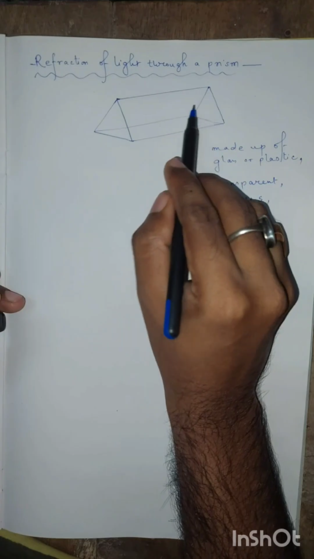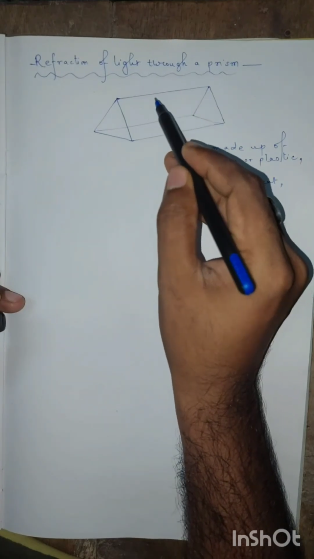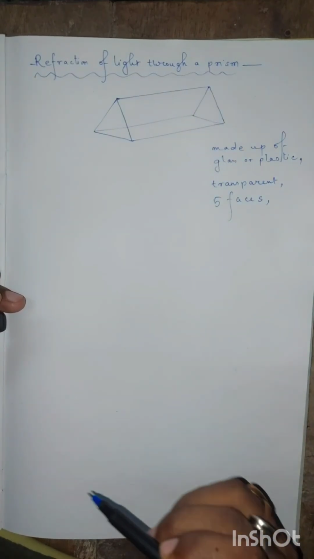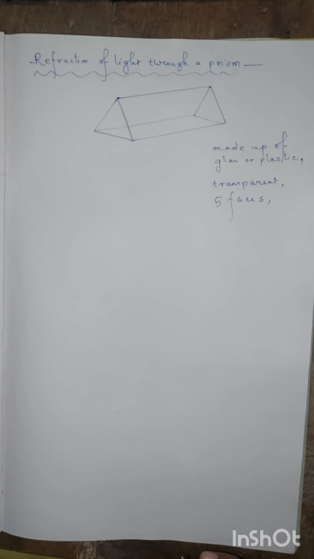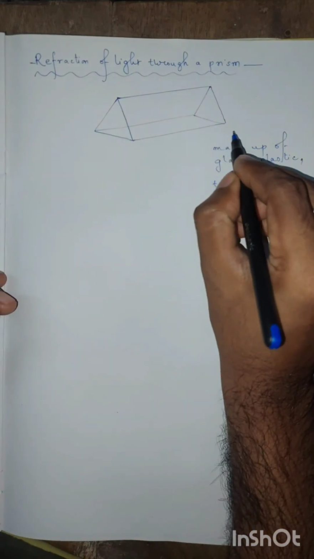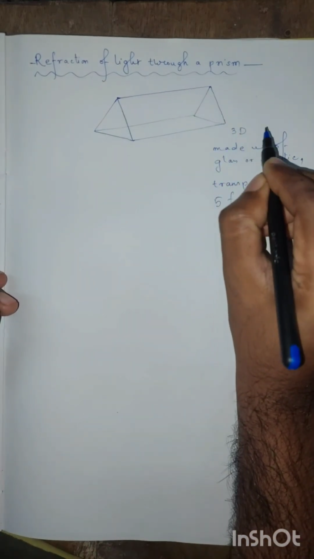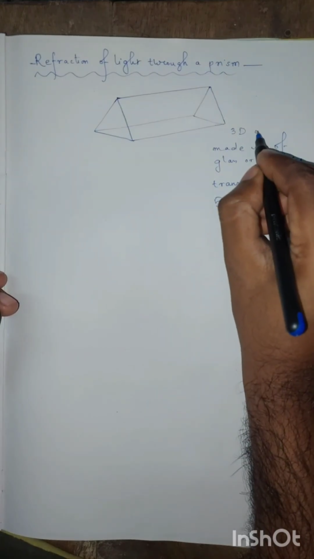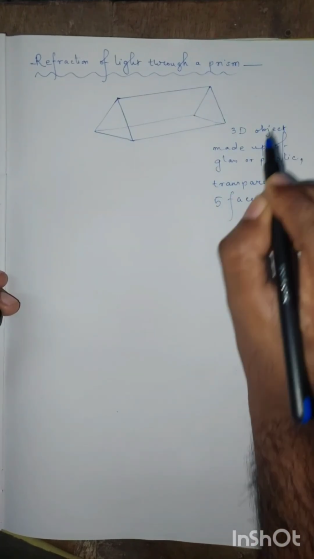One, two, three, four, and five. This is a 3D object. It has five faces.